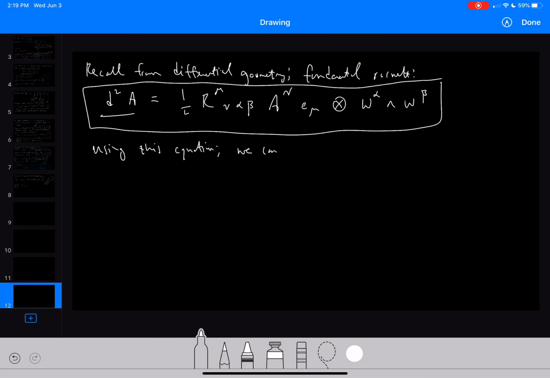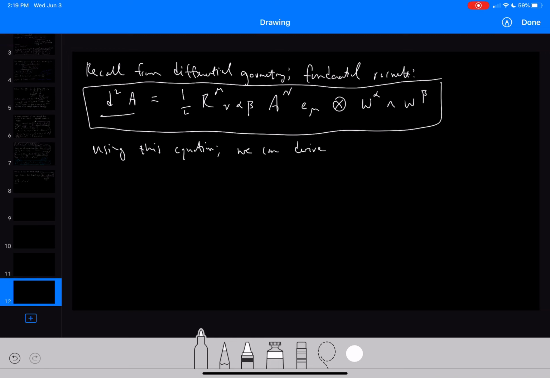Okay, so using this equation, we can derive what is known as the projected Riemann tensor. So how do you compute Riemann tensors? In general, you do things with basis vectors, so moving basis vectors around and so forth. So once again, I will take now my exterior derivative.